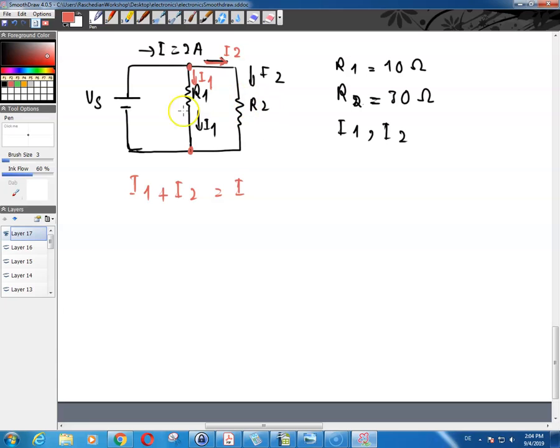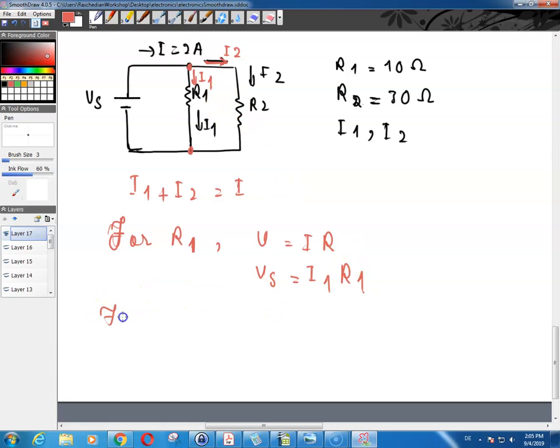Across R2 you have V of S, across R1 you have V of S. So for R1 I can write V is equal to IR, which means that the voltage across the resistor, which is V of S, is equal to the current going through the resistor, which is I1, times R1.